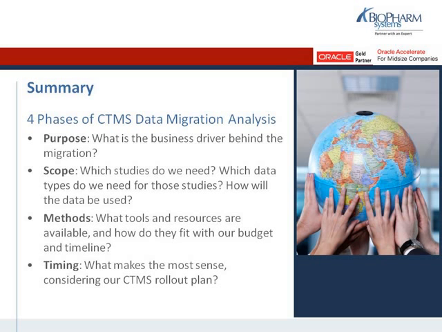Scope: what studies we're migrating, what data we're migrating, and how that data is going to be used. Again, the key takeaway here is to definitely take strong consideration of the data that you need to migrate and how that aligns to the overall business benefit that you've defined. Methods: what tools and resources are available, and how do they fit with our budget and timeline.